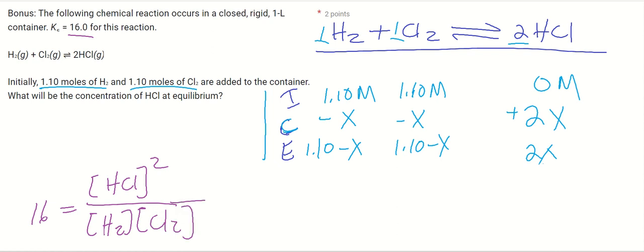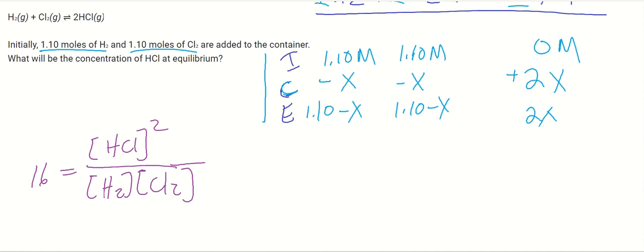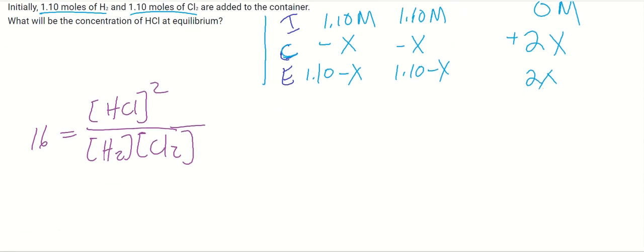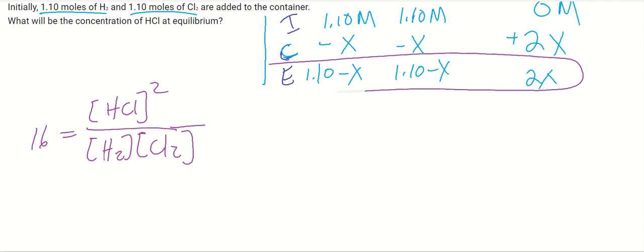We have 3 variables here, so we need to cut that down to 1. So let's just plug and play. We can do that because the whole point of the ICE box was to get the concentrations at equilibrium. Those are the only values we can use in this equilibrium constant expression.